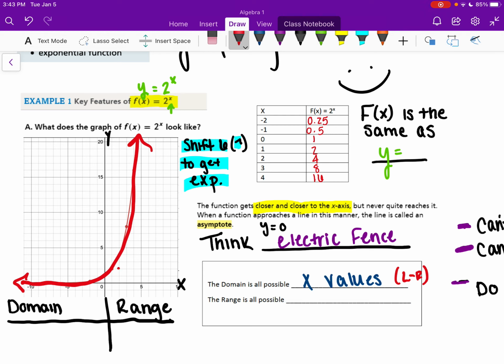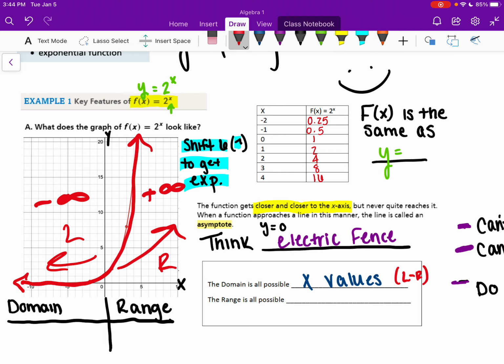It goes on forever to the right. It goes on forever to the left. And it just keeps going and going all the way to negative infinity. Oh, that's an 8. I'm silly. That negative infinity and that positive infinity of the x values, side to side, left to right. It just keeps going and going and going.